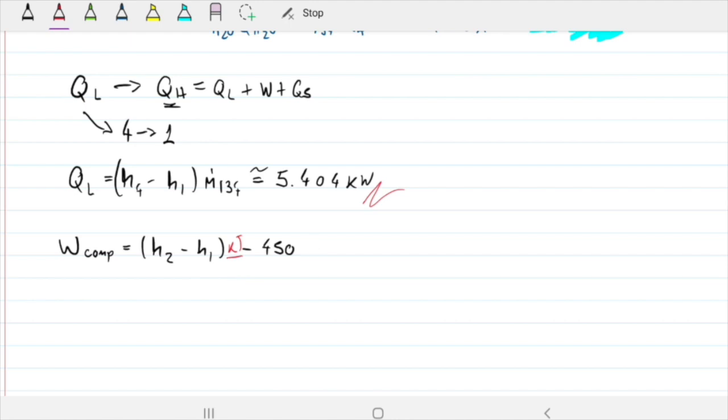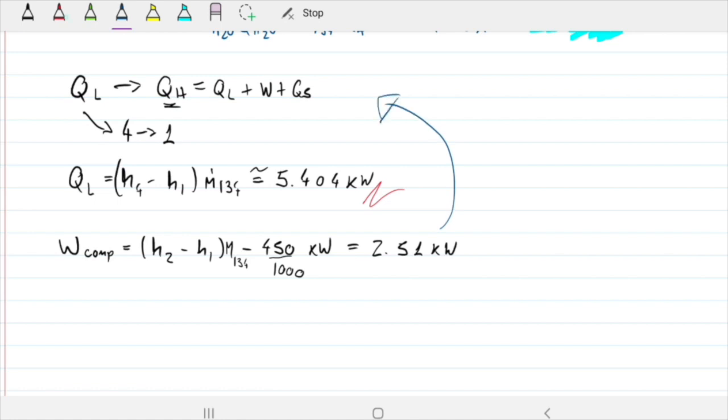We need to multiply this by the mass flow rate, and we need to divide this by 1,000, because then we're going to have everything in kilowatts. So we have H2, we have H1, we have the mass flow rate of refrigerant. So this is about 2.51 kilowatts.